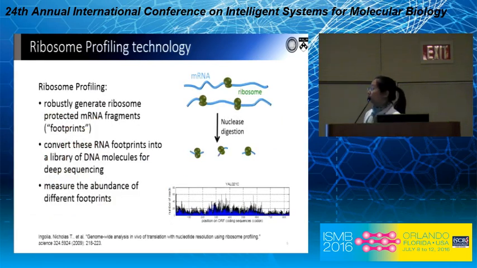And what is ribosome profiling? Just to make sure everyone's on the same page, ribosome binds to this mRNA, and if you can immobilize the ribosomes and then do nuclease digestion, you can retain the small fragments that are protected by the ribosomes and then align them to the genome, or the coding region, and you would get a profile of the distribution of the ribosomes.